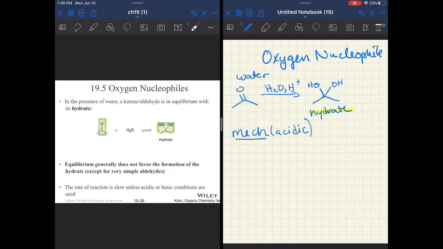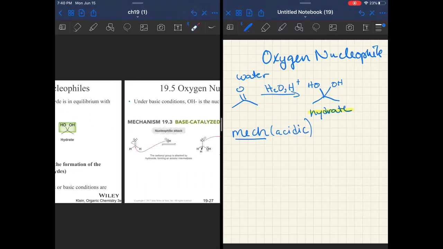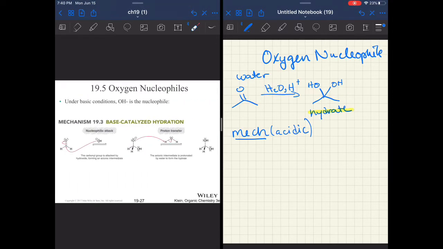The equilibrium does not typically favor the hydrate, so this isn't the most useful reaction, but it is a great place for us to start to get into this type of reactivity, to look at this type of mechanism. So we're going to start off with the acid.